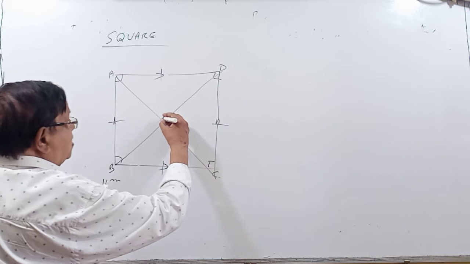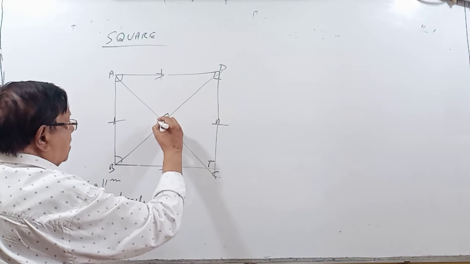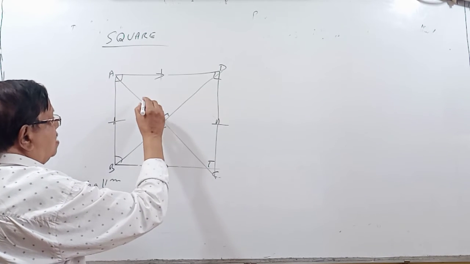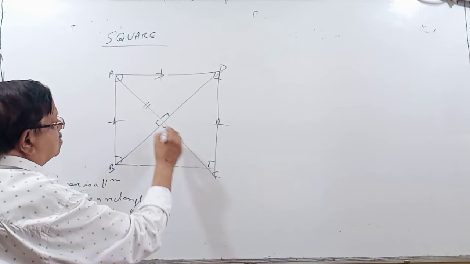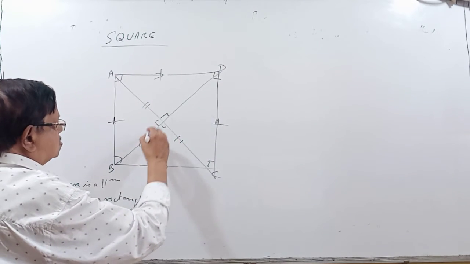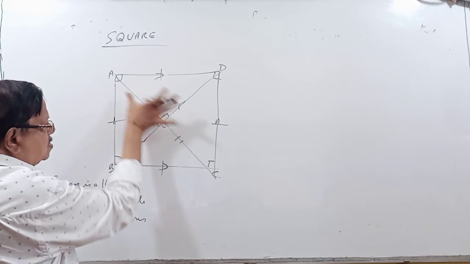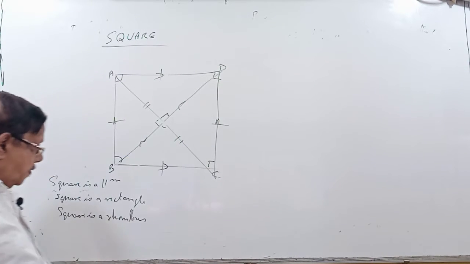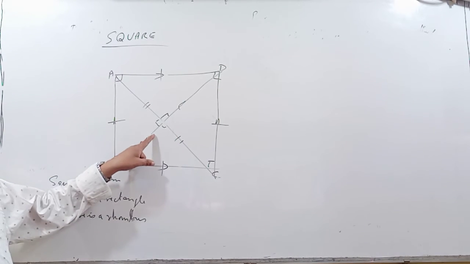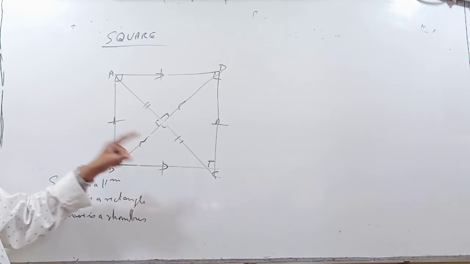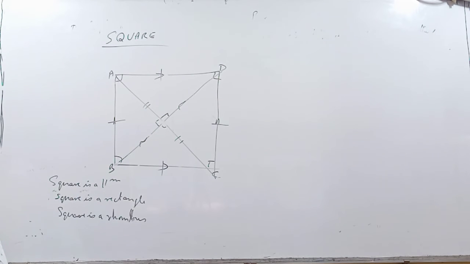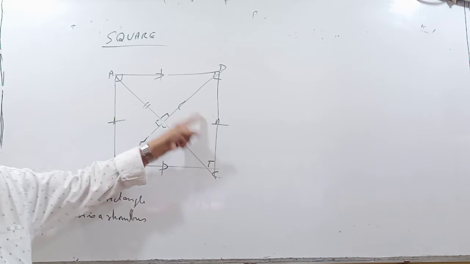Diagonals are perpendicular bisectors, perpendicular to each other and bisecting. This is congruent to this, and this is congruent to this. Square is a rhombus. Of course, square is a quadrilateral also because it has got four sides.